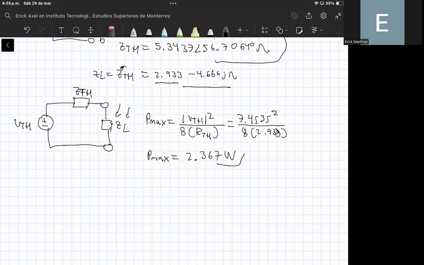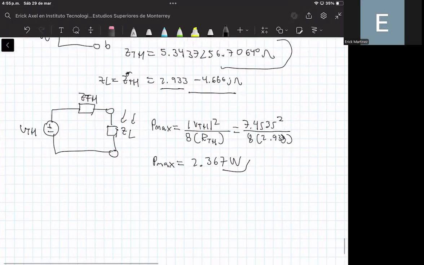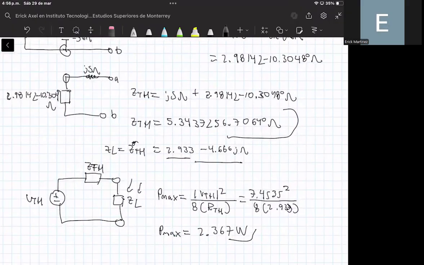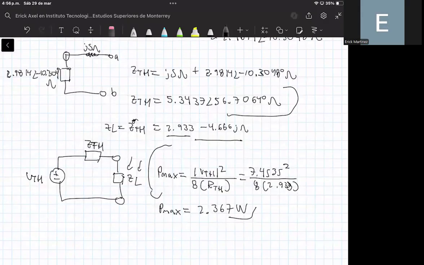This is the maximum average power transfer, and this is the impedance that ensures that we are providing this power. So you need to connect this impedance into these terminals in order to ensure that you can provide this maximum average power transfer.